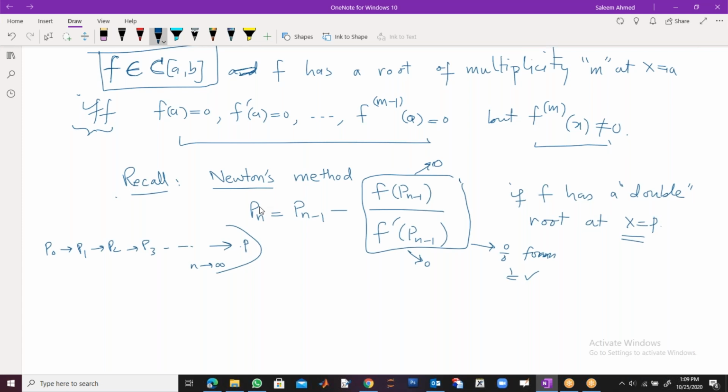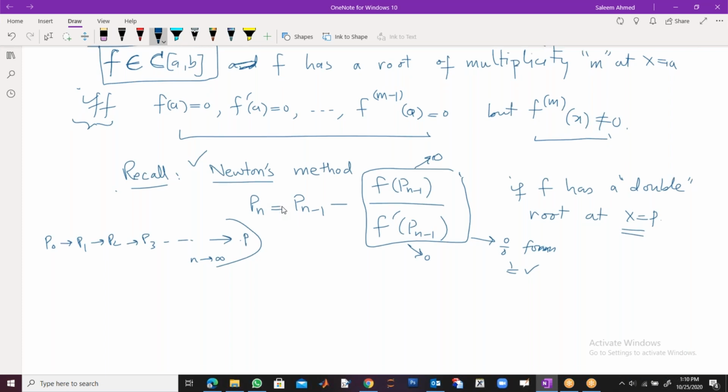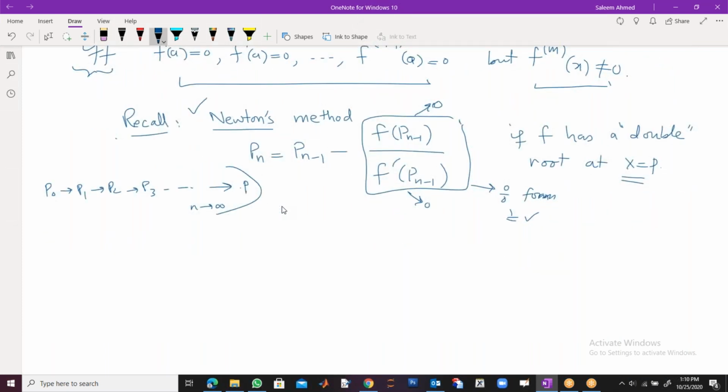If it has a double root, you can still apply Newton's method, no problem. But it may give you a slow convergence, meaning it may take more iterations. When we say that the convergence is slow, it means it will take more iterations to give you the solution. So instead of that, someone suggested to take this function, f(x) over f prime(x).